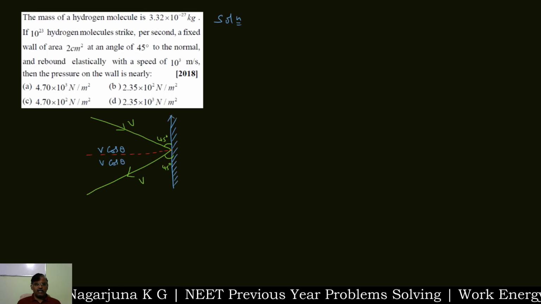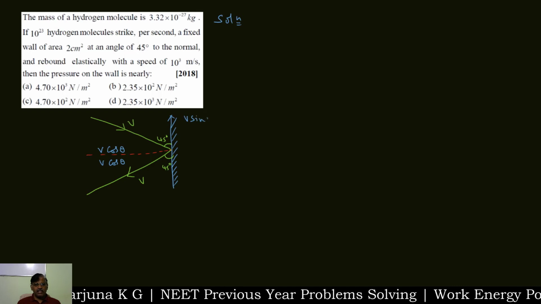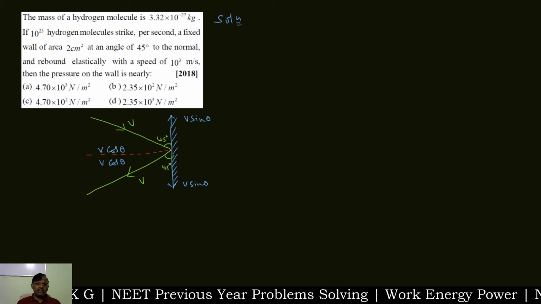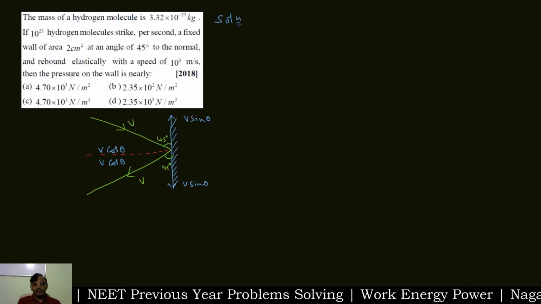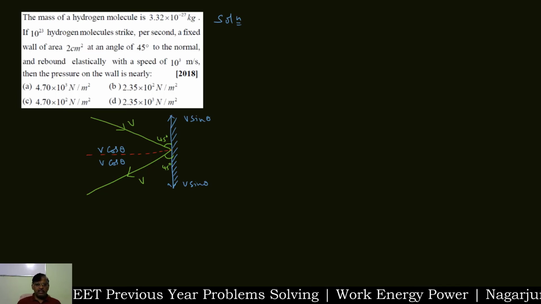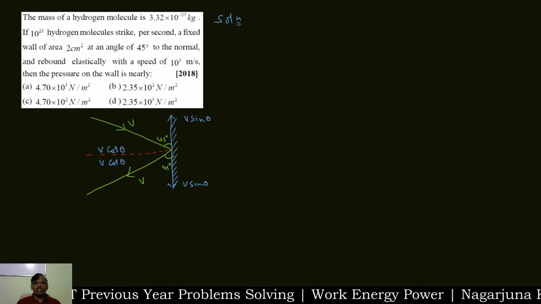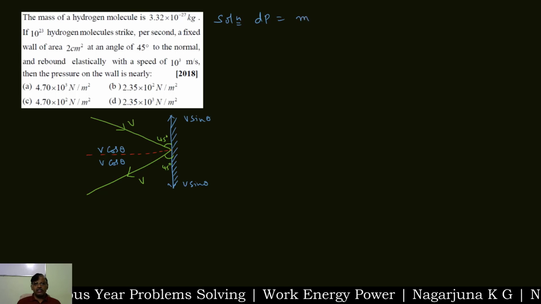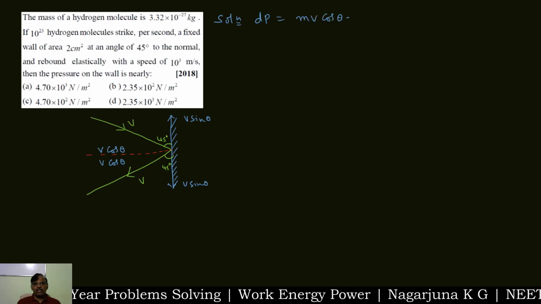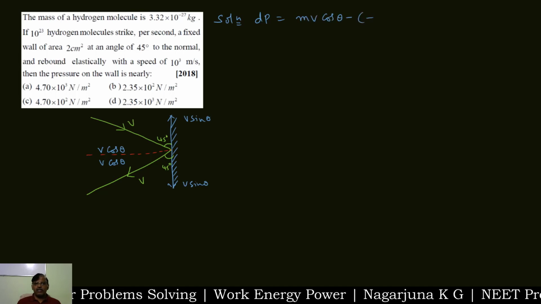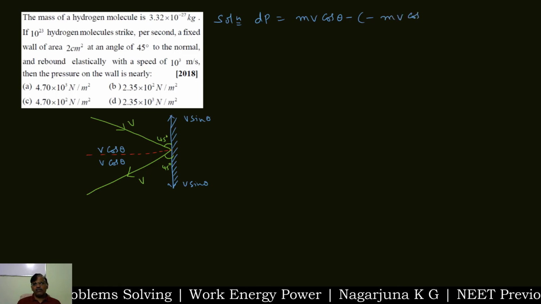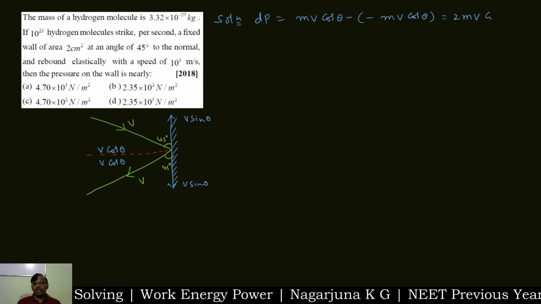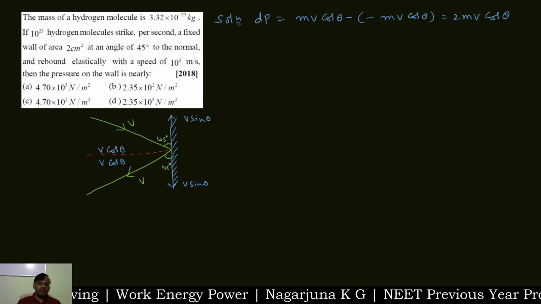Along the wall, we have v sin theta, and here also v sin theta. The v sin theta components cancel. So here the change in momentum dP can be written as m v cos theta minus of minus m v cos theta, so that is equal to 2 m v cos theta for one molecule.